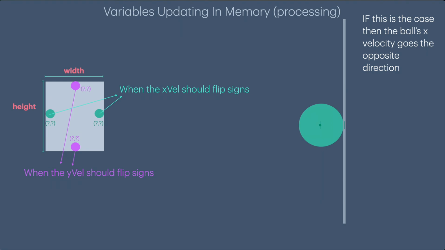And so we have to think what conditions need to be met for the Y velocity to flip sign, and what conditions need to be met for the X velocity to flip sign. And we just have to do a tiny bit of math to figure it out.